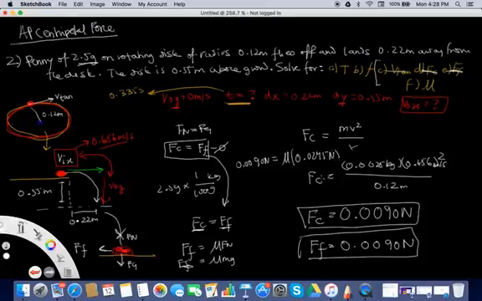Divide both sides by 0.0245, and you should get 0.090 divided by 0.0245. You should get a mu value of 0.367, or I guess you can say 0.37 if you would like to. Your mu value, your coefficient of friction, is 0.37.